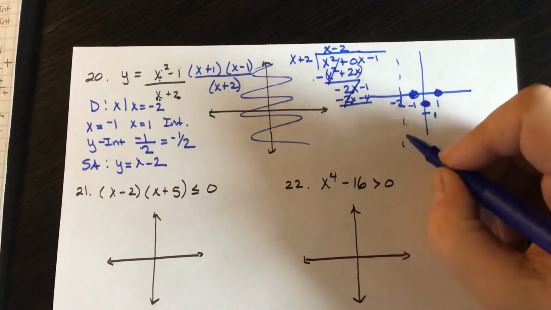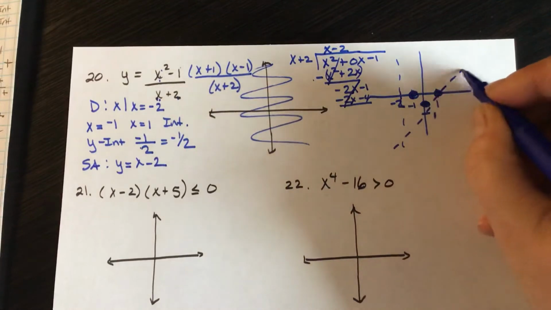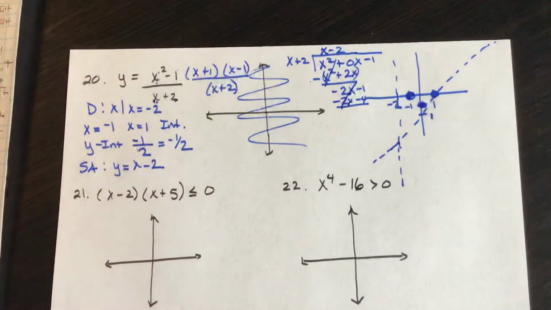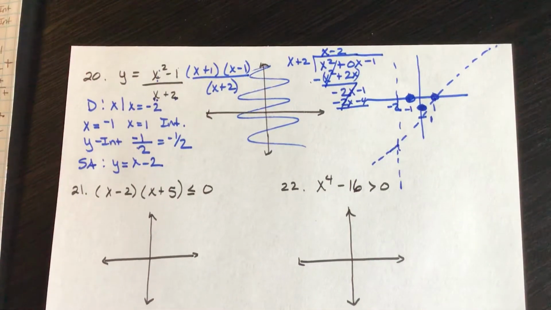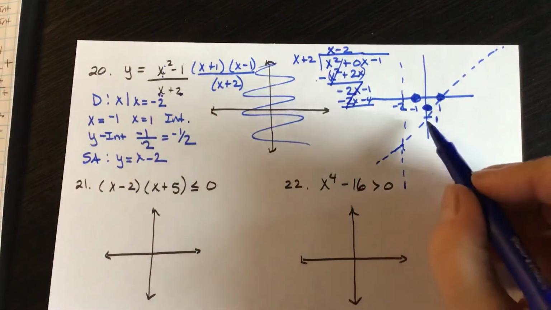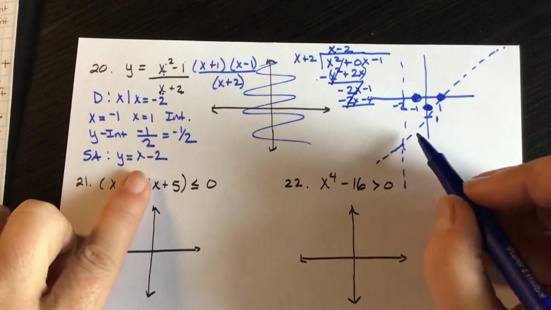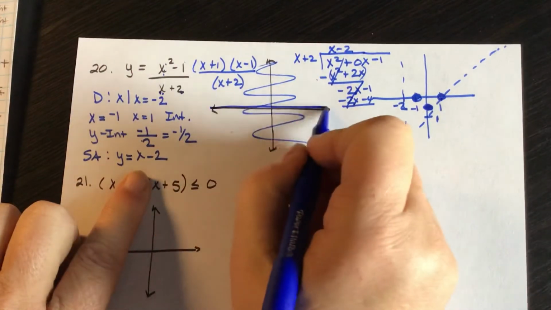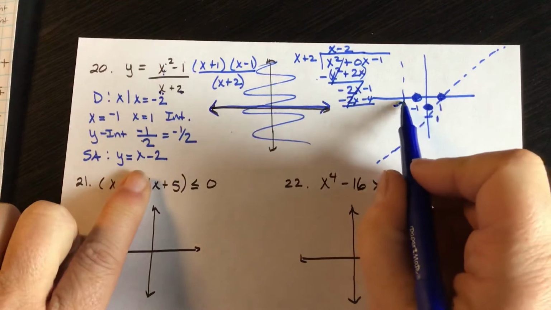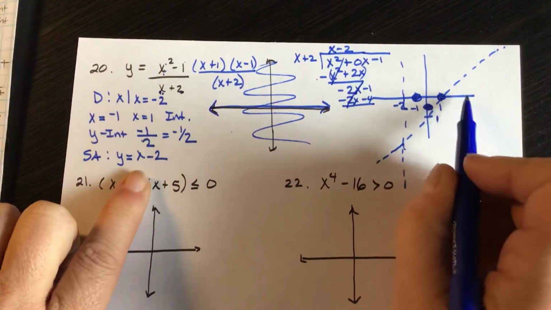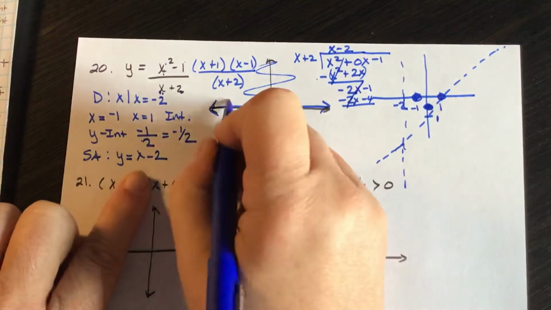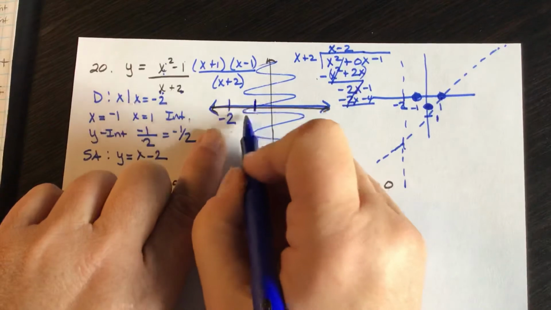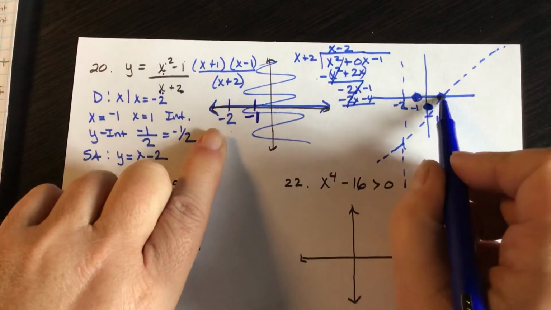So this is a linear equation. So I make a line, and now I just need to determine what my values are. So let's use this number line here. I need to look at the important x values. So at -2, I need to look at both sides of that, -1, and then 1.